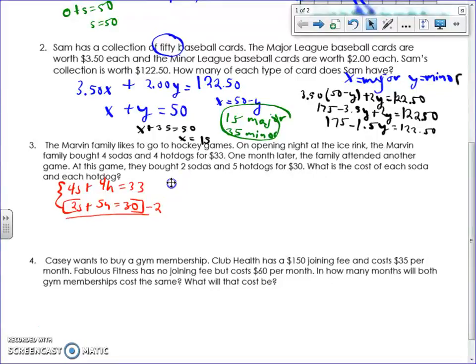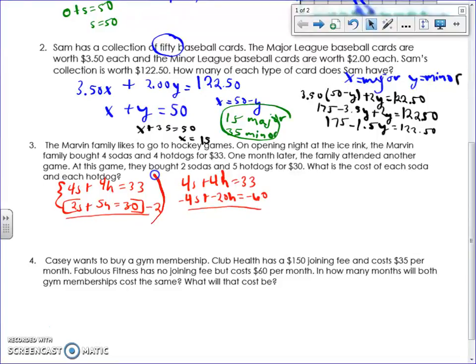So I'm going to multiply -2 to each term in this equation. The first equation stays the same at 4s plus 4h equals 33. The second equation is going to change to -4s plus -20h equals -60.